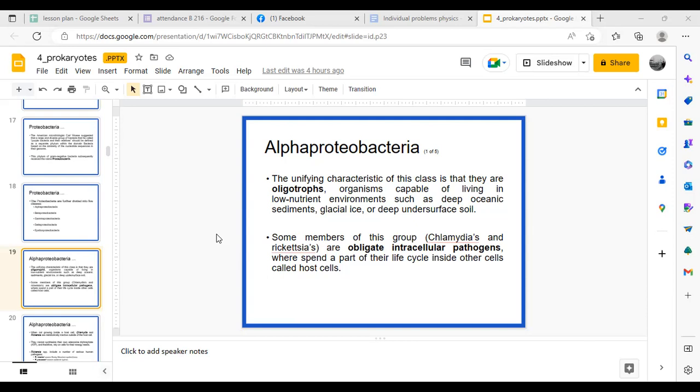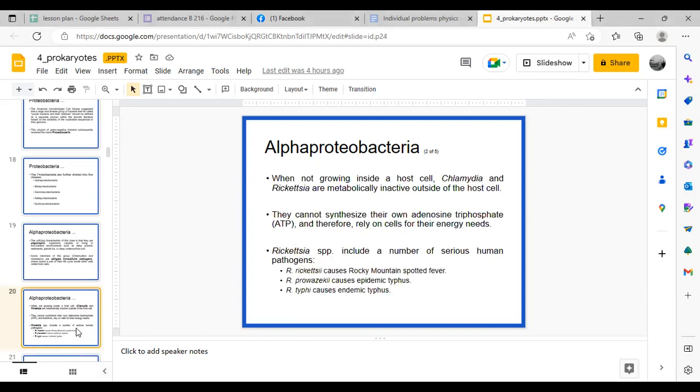Eventually, the host cell will die. Bacteria like this can only be metabolically active inside the host cell. Outside the host cell, they're not active, and they cannot synthesize their own ATP.